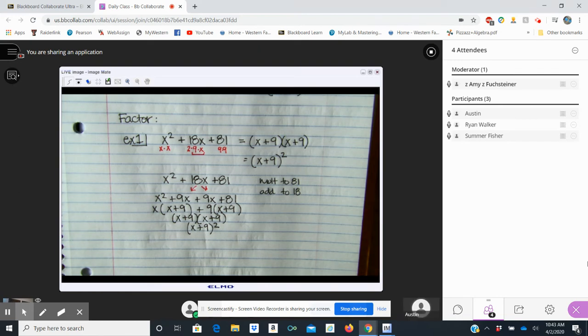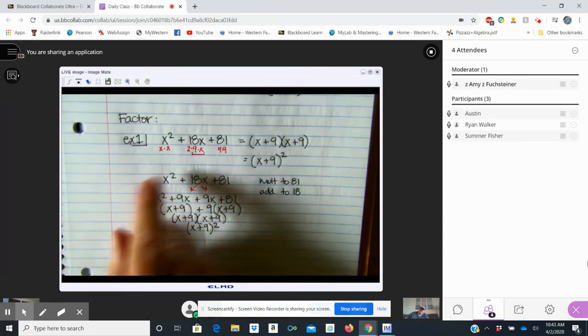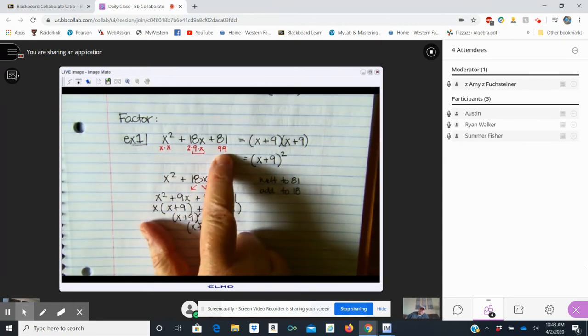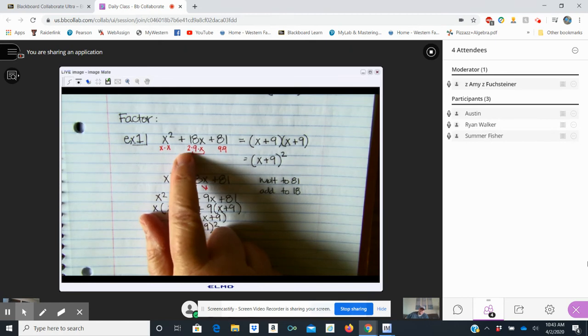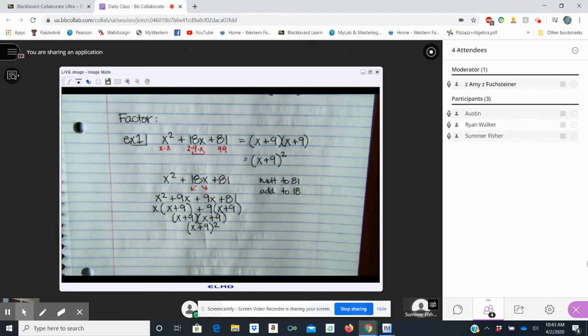But Ryan, the very top, the 2 times 9 times x, you're just getting the x from A, the 9 from C, and then just double it for B. Correct. Yeah.